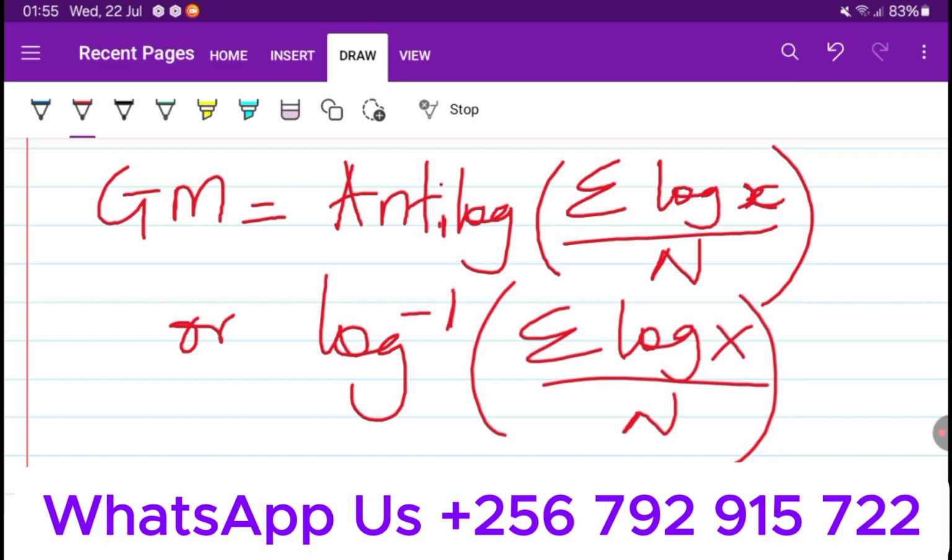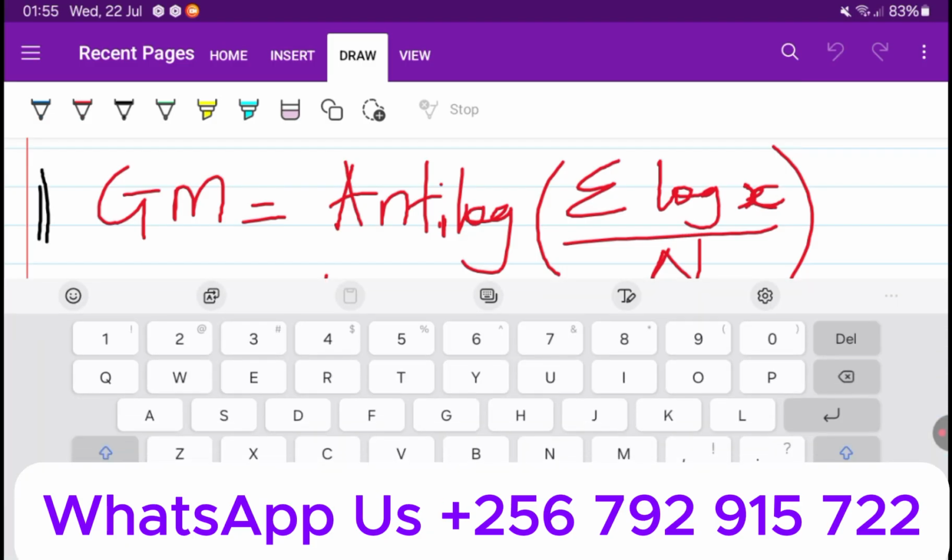Whichever way you choose to go by, you'll be good to go. So I want us to look at a small simulation, then we look at the harmonic mean.